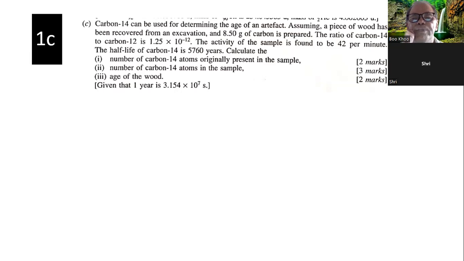The activity of the sample is found to be 42 per minute. The half-life of carbon-14 is 5760 years. Calculate the number of C14 originally present in the sample. How do I do that?